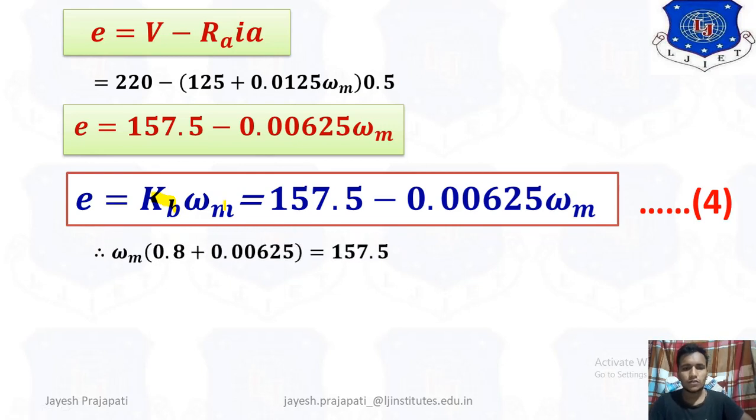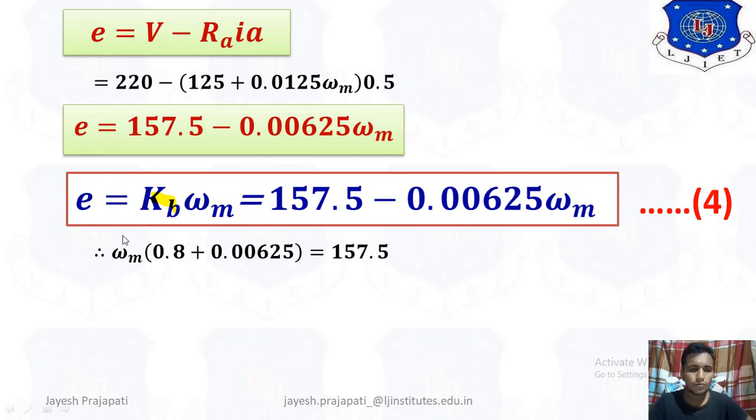omega m is equal to, we have taken equation number 4, omega m in the bracket 0.8 plus this omega m that goes to the left side 0.00625 is equal to 157.5.